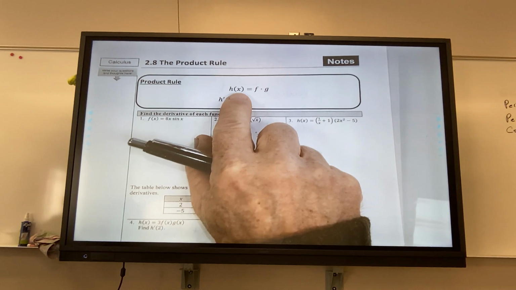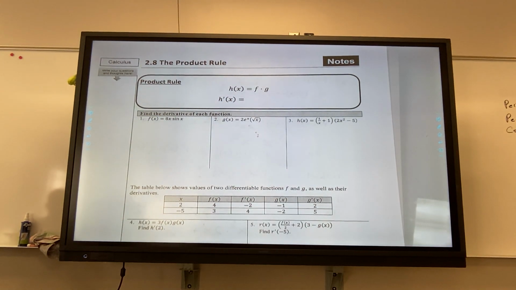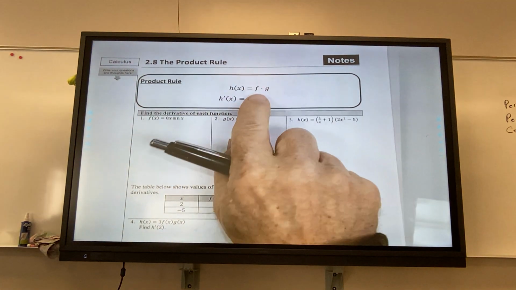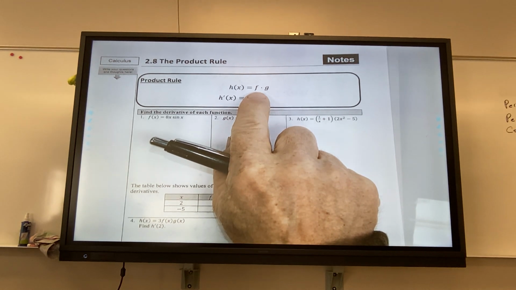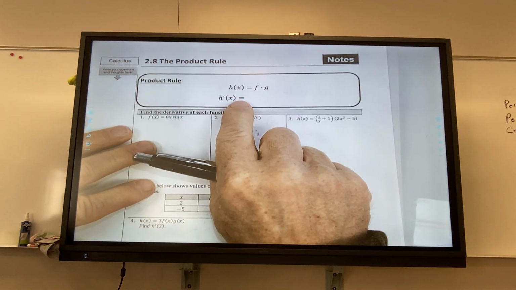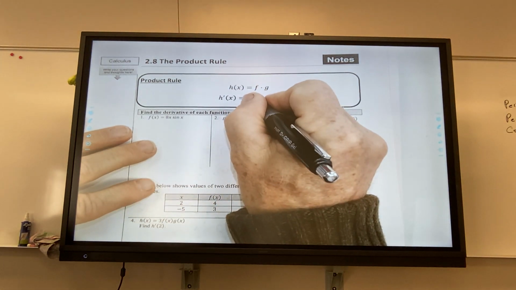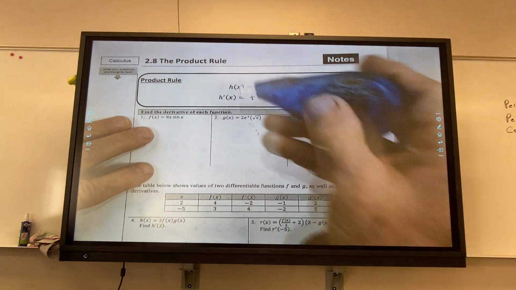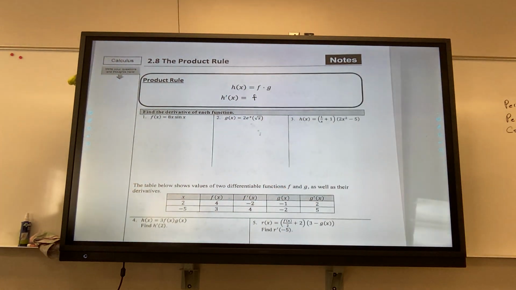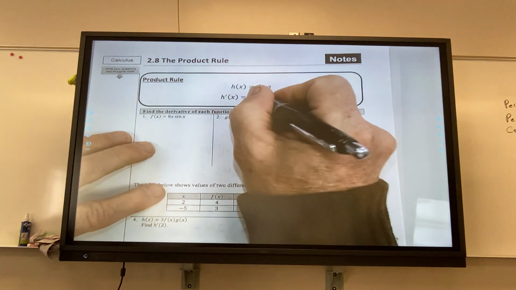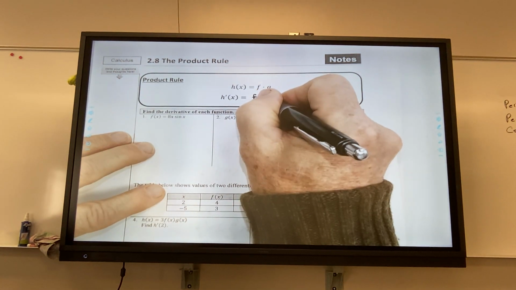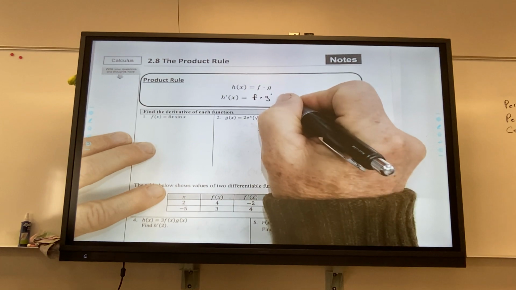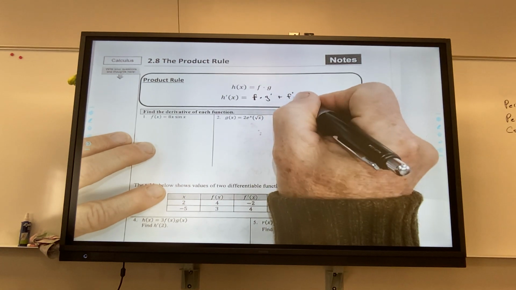So this says, and this is the hard part, you have to identify that you have multiplication going on. If you have two functions that you're multiplying, to compute the derivative, you must apply the product rule, which says f times the derivative of g plus the derivative of f times g.